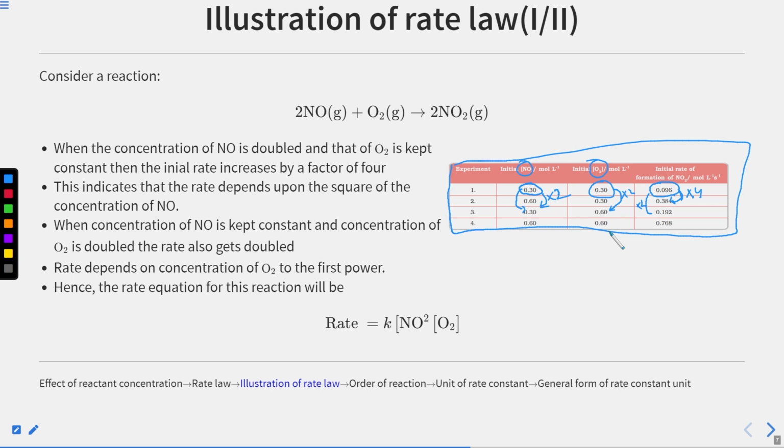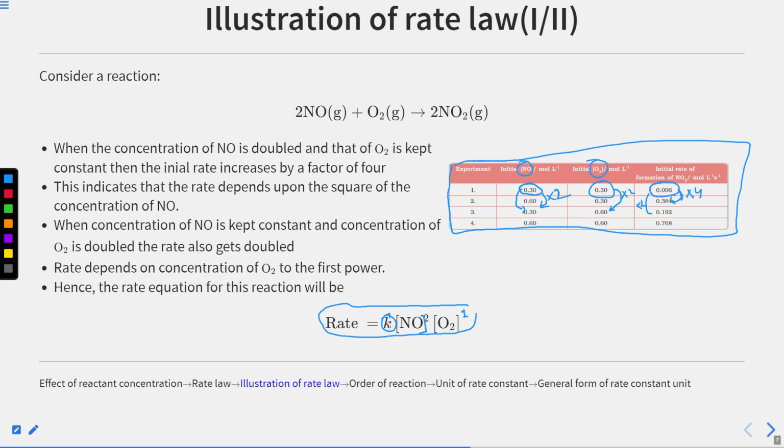So overall, we can write that the rate of this reaction is the rate constant multiplied by the concentration of NO squared, multiplied by the concentration of O2, in brace brackets, with a power 2 and a power 1.